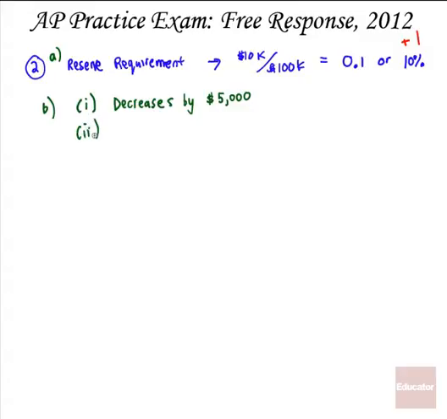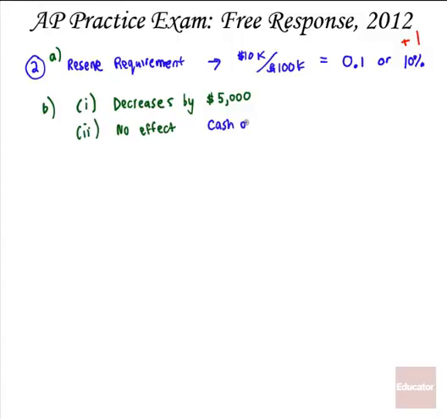Now, part 2 here, what is the initial effect on M1, the measure of the money supply? This is actually kind of interesting. When you withdraw $5,000, what is the effect on M1? The answer is that there's no effect. Why? Because the idea has to do with cash.